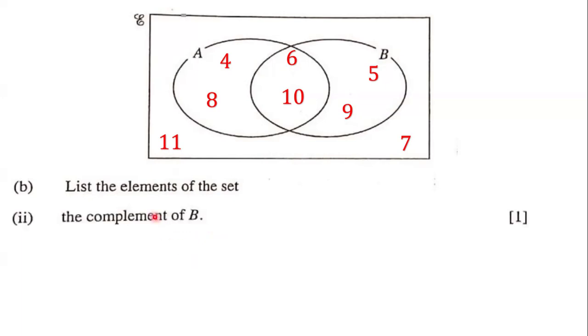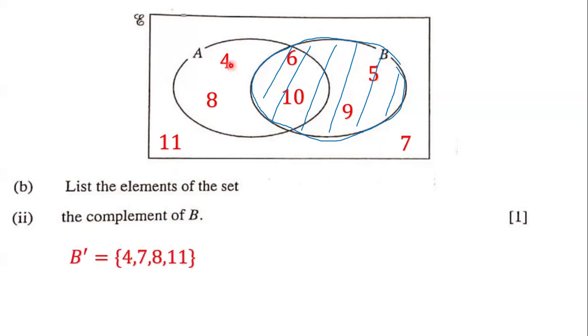Next, we need to list the elements in the complement of B. So what elements are in the complement of B? The complement of B consists of all of the elements in the universal set except for the elements of B. So we're not going to include 6, 10, 9, or 5 in the complement of B. So what numbers do we have?